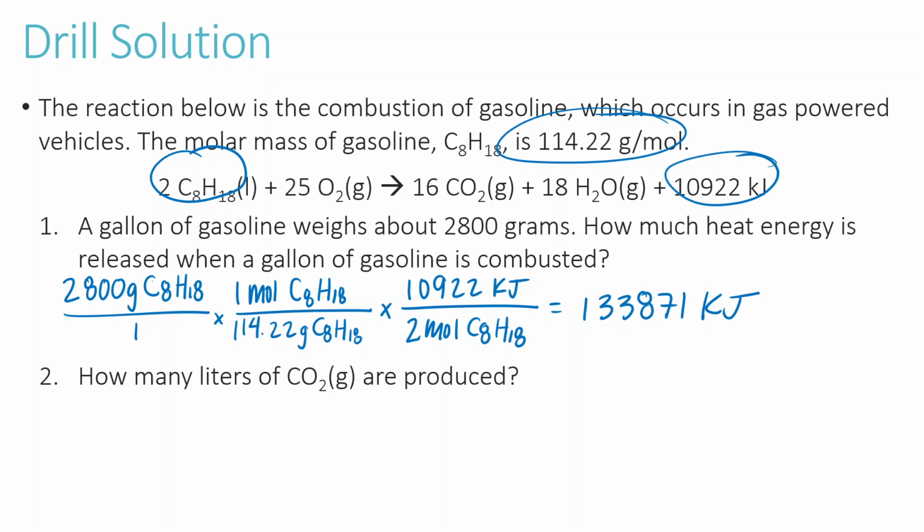For the next question, it says how many liters of CO2 gas are produced? So there's a couple different ways you can approach this. You could start with the amount of energy released and then work backwards to get the amount of CO2. Or we could also still start with our same given, which would be our mass of gasoline.